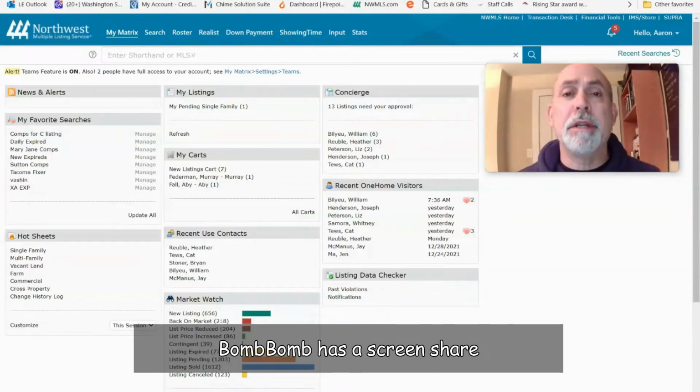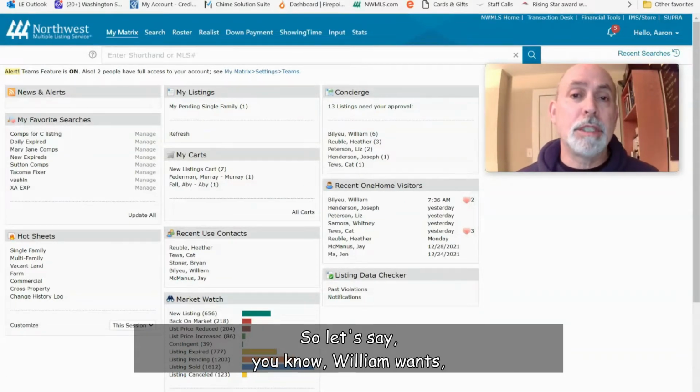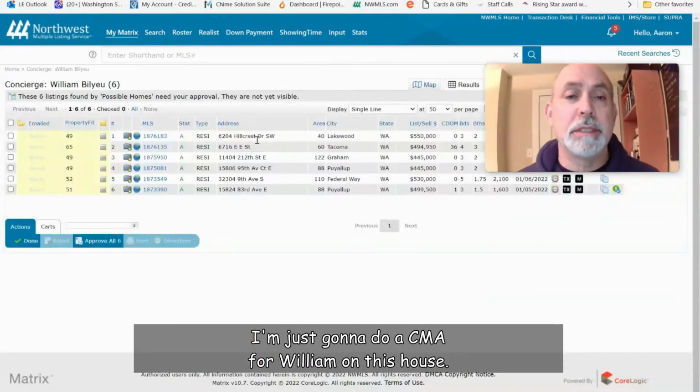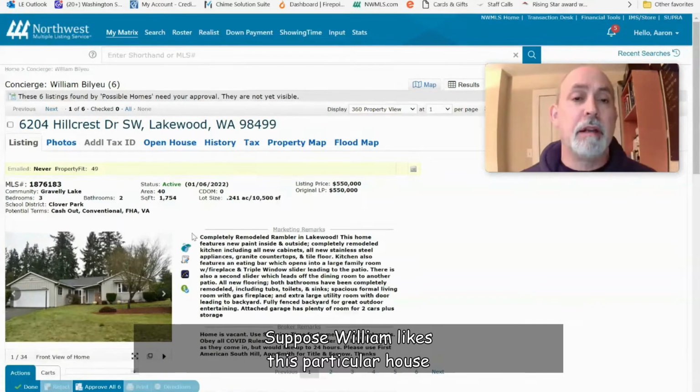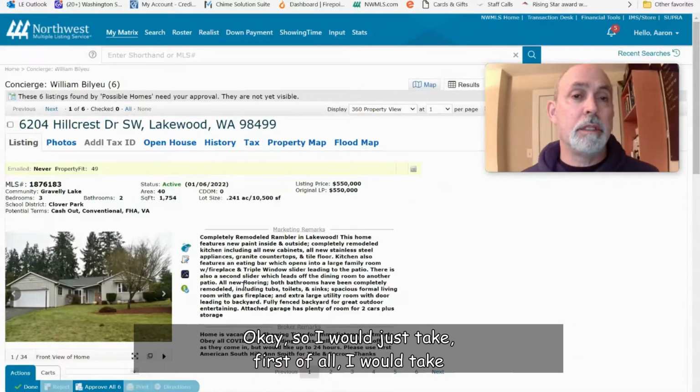In the meantime, this is really useful. BombBomb has a screen share. I think Loom does, other people do, but I use BombBomb. So let's say I'm just going to do a CMA for William on this house. Suppose William likes this particular house and wants to get the value so he knows what to offer.